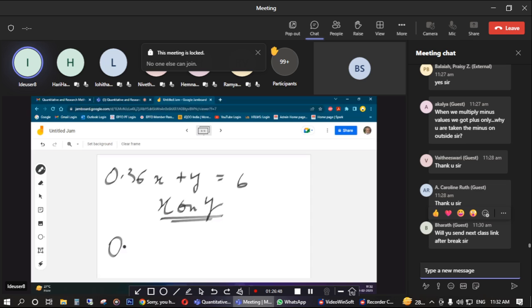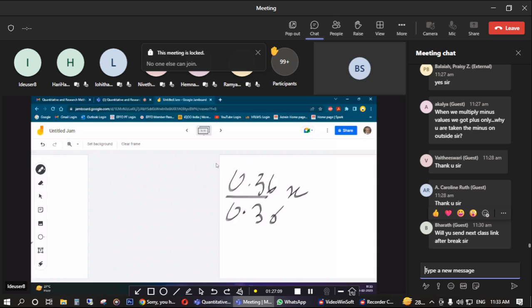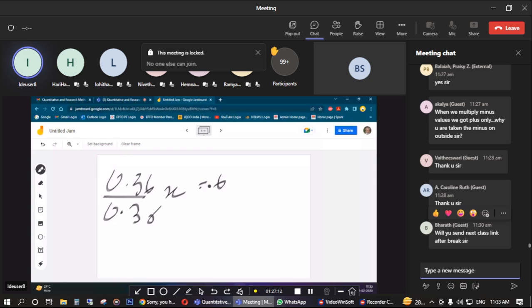So 0.36X is equal to 6 minus Y. Now I want X on Y. So this is 0.36. What do we do? 0.36 divided by 0.36X is equal to 6 divided by 0.36 minus Y divided by 0.36.